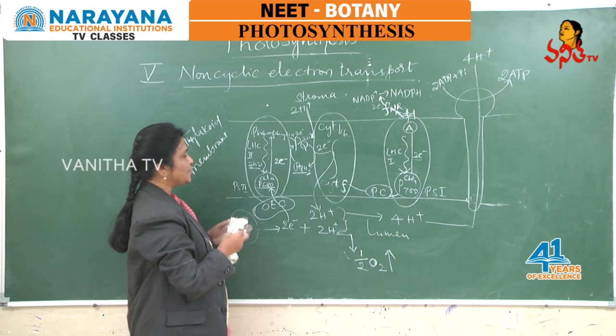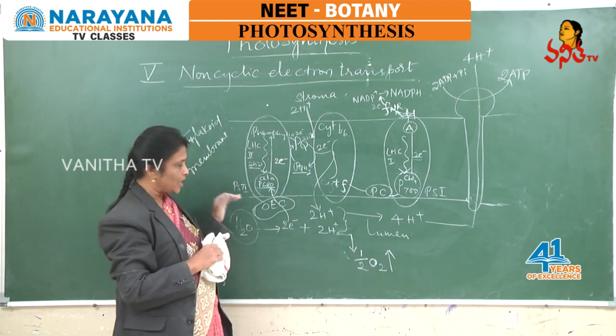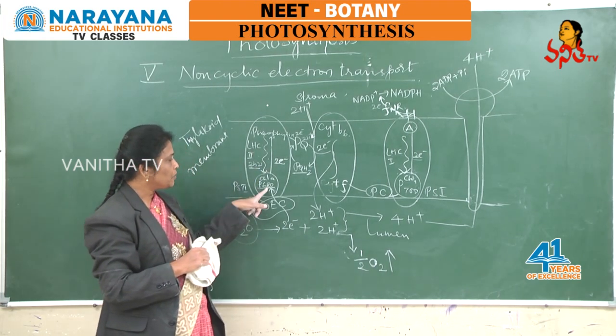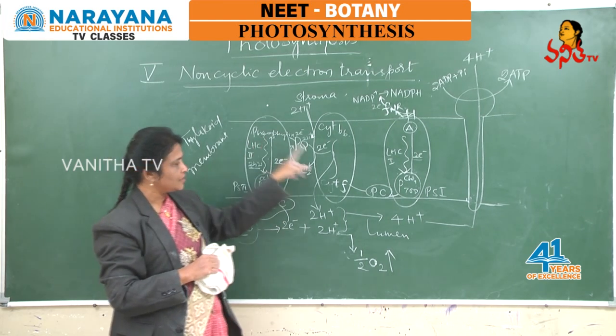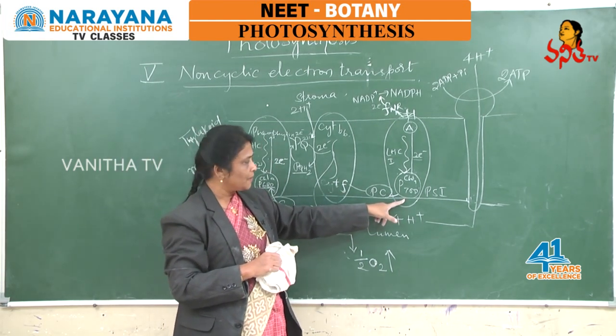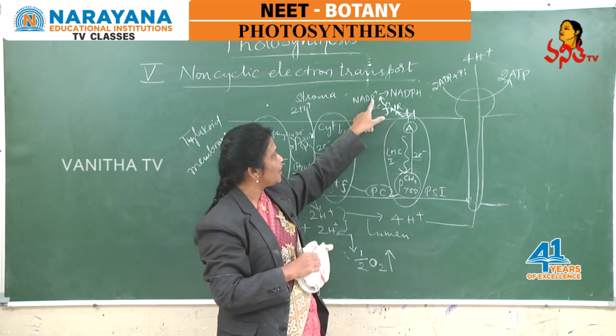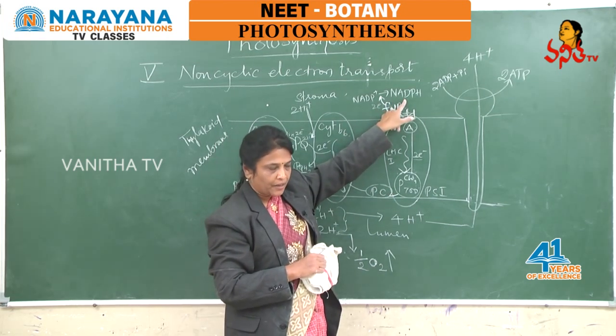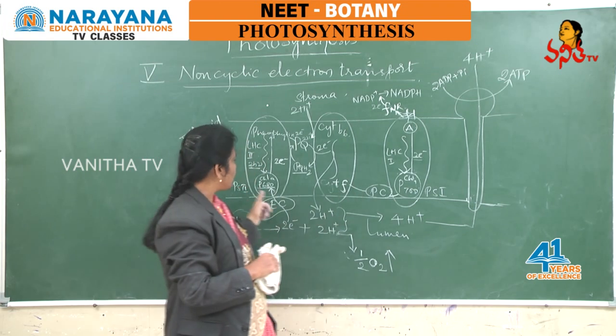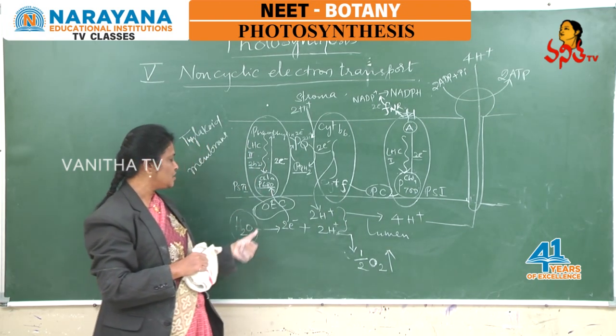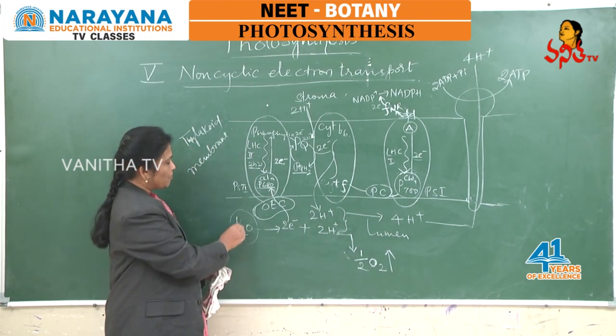Okay. Now, as we verify this non-cyclic electron transport flow, the electrons of P680 are received by P700 and the electrons of P700 are received by NADP plus, that we observe, but the electron loss of P680 is compensated by the water molecule.